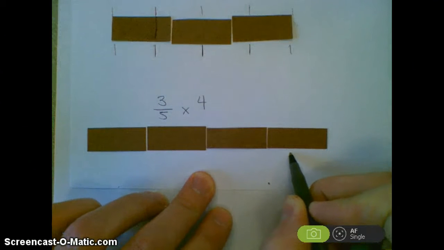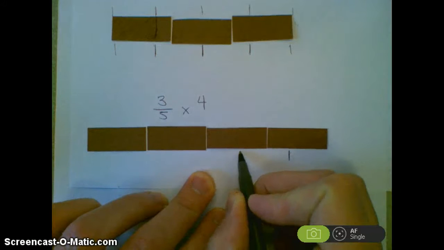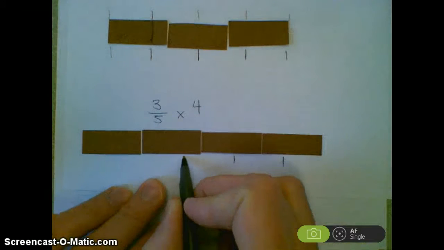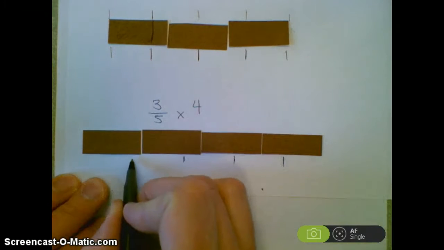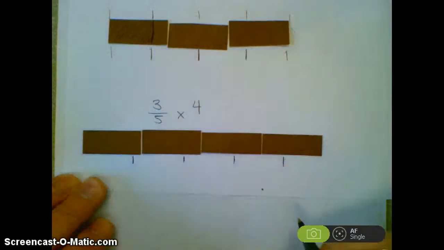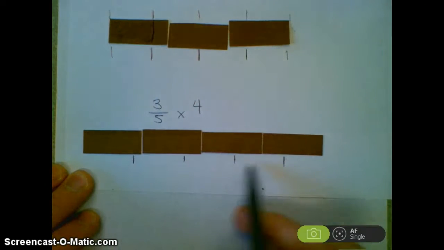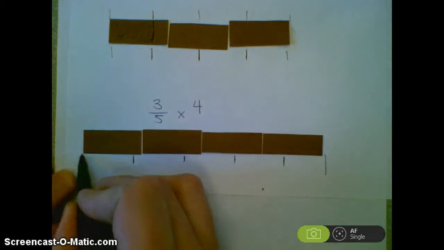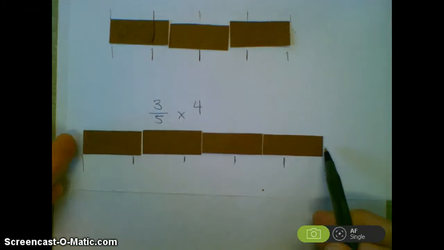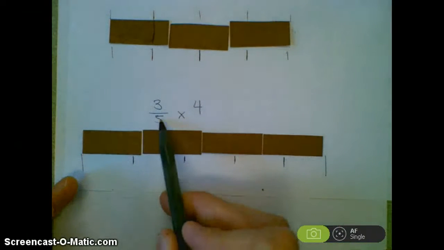So it looks like probably right about there, and there, and there, and there. That looks like about 1, 2, 3, 4, 5 equal parts. So I've divided this whole length of 4 into 5 equal parts.